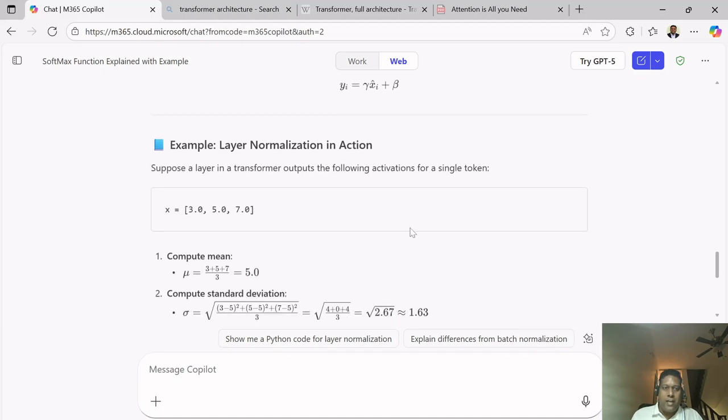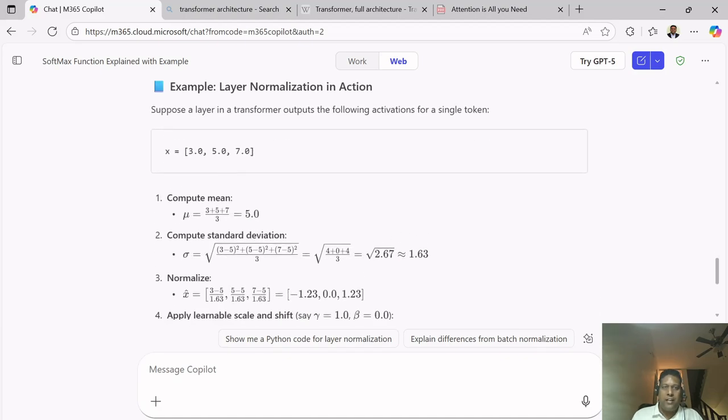They've also explained it very beautifully with an example. They've taken a simple vector with 3, 5, 7 as the values. The mean is 5 and the standard deviation is 1.63. So when you normalize each of these elements, instead of 3, 5, 7, you're going to get minus 1.23, which is less than the mean, 0, and then 1.23, which is more than the mean.